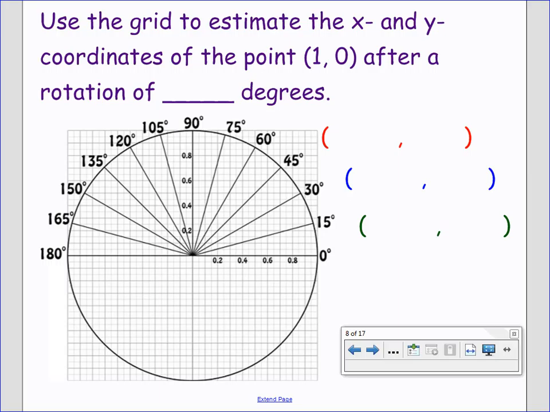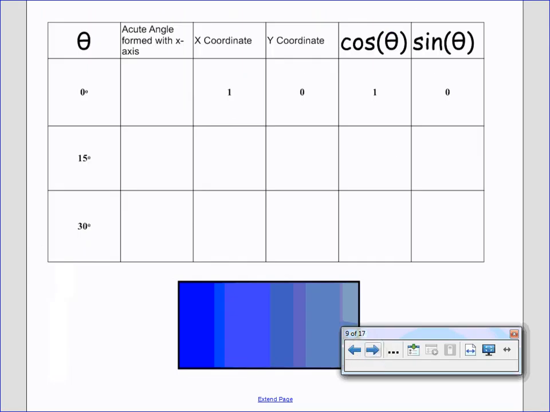What I'd like for you to consider is the angle theta that results upon a rotation of our initial point (1, 0) by a given degree measure. And so on the bottom of this chart, we've got 0, 15, and 30 as the first 3 lines. If we don't spin the point (1, 0) anywhere, then the acute angle formed with the x-axis is still 0 degrees.